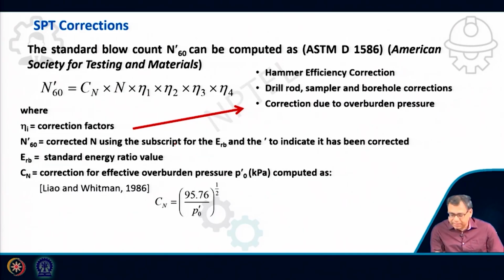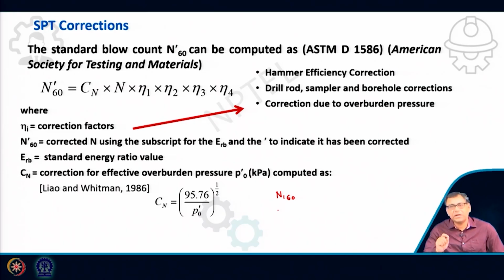Sometimes it is also called N160. This N160 will be used frequently when I discuss the liquefaction of soil, so N160 is very important. What is the meaning of 60? 60 is when 60% hammer energy is being applied. 1 means it is normalized with respect to 1 ton per feet square, which is the same as 100 kPa, or you can say the same value as atmospheric pressure.